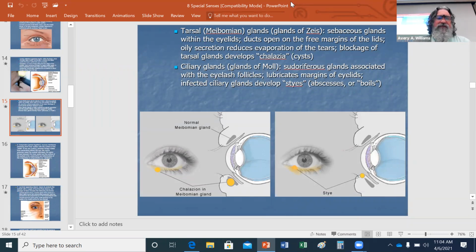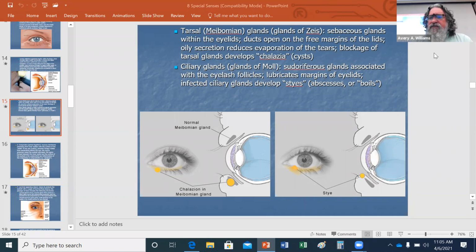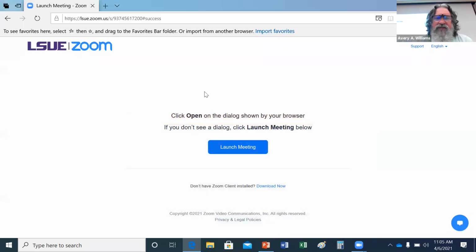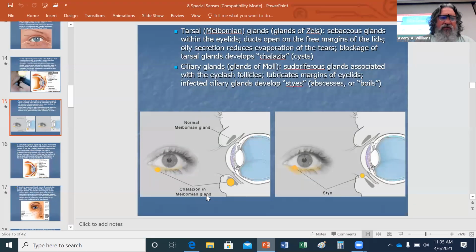Anybody else? Another question about anything? What is the ectoderm exactly? Is that what you're asking? Yes, sir. On the brain, it says that it forms from the ectoderm, and I don't know what that is. Okay. It's on the nervous system slide. Let me find that for you.